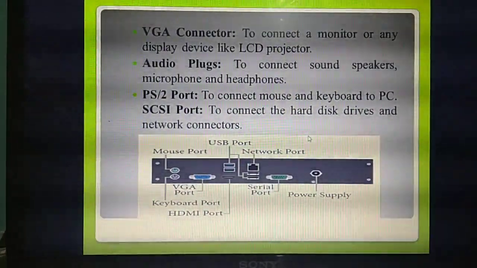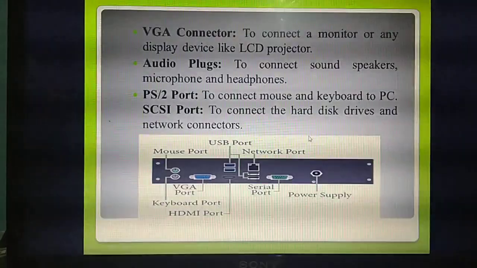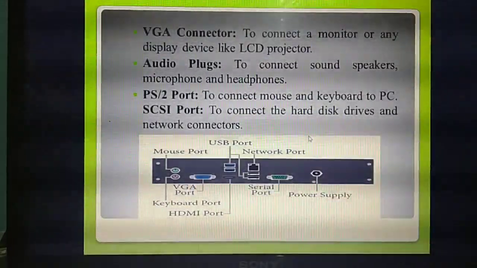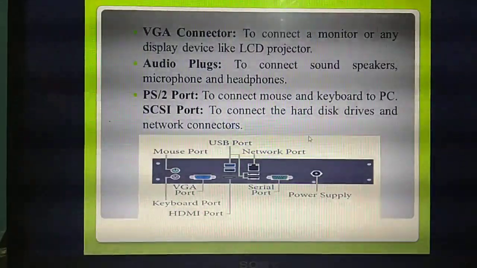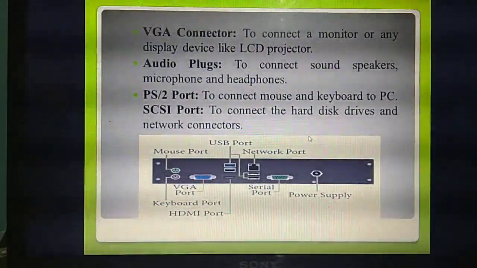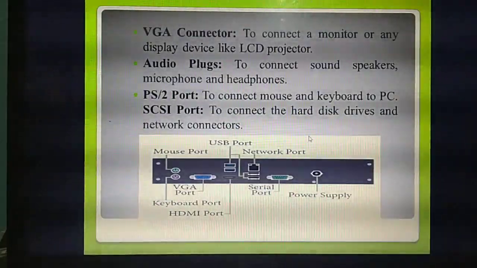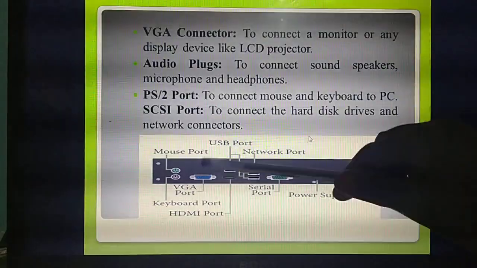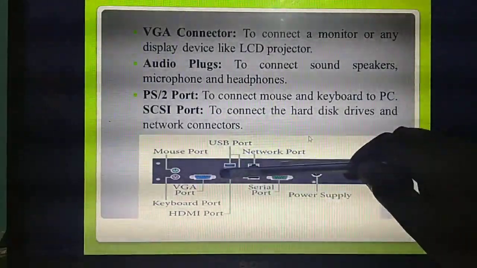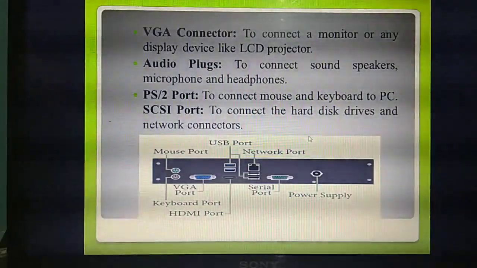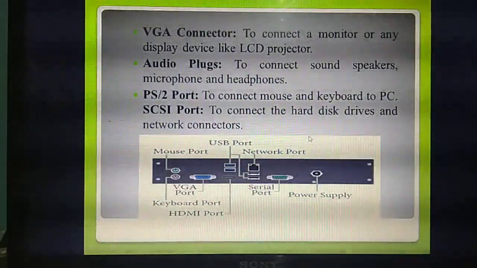The VGA connector means nothing but this blue color pin. In our schools you might have seen a projector, isn't it? From where do you need to connect the projector? From the back of the CPU to the projector. One pin you plug in at the back side of the CPU, and one pin at the back side of the projector.